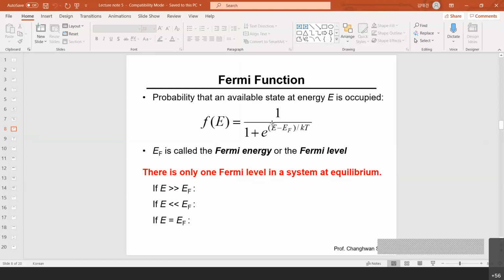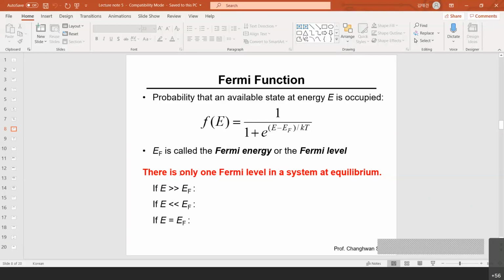So exponential to the 0 is 1, and 1 plus 1 is 2, so 1 over 2. In other words, 50%. So for a very specific energy state which has the Fermi energy level, the probability of finding an electron at the Fermi energy level is exactly 1/2, or 50%.